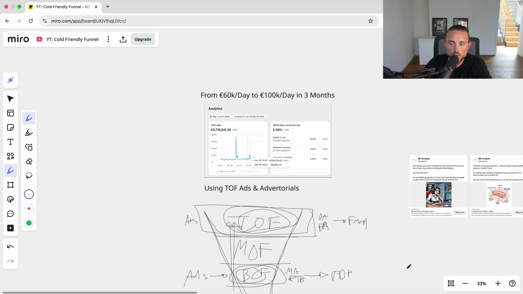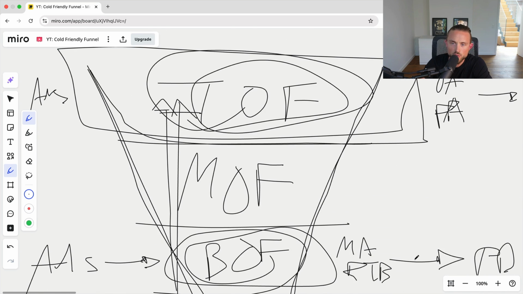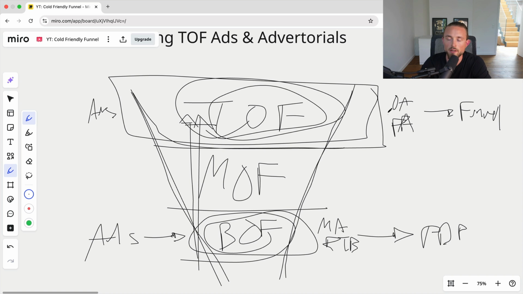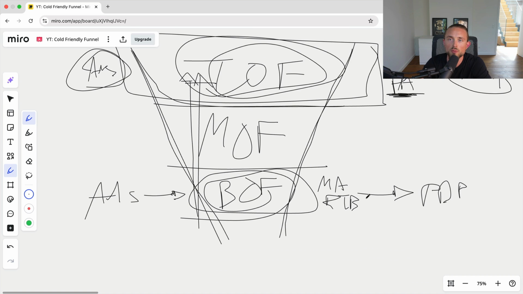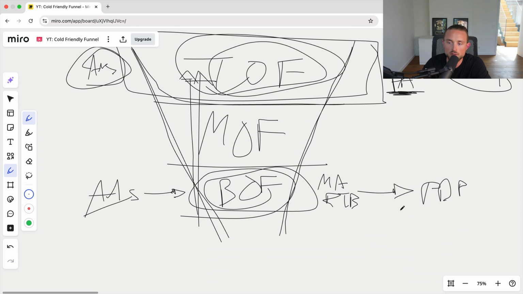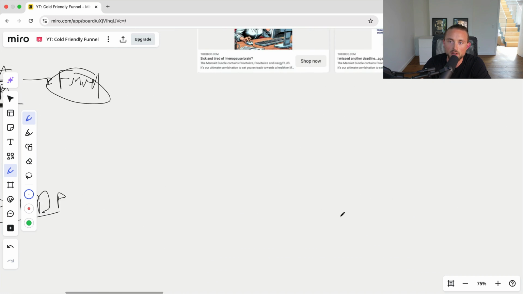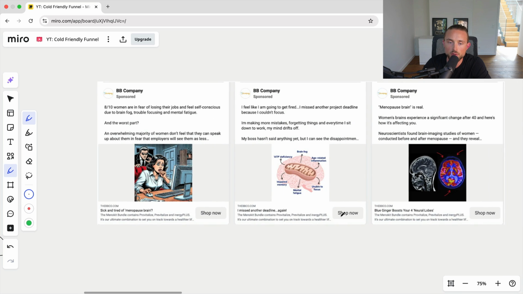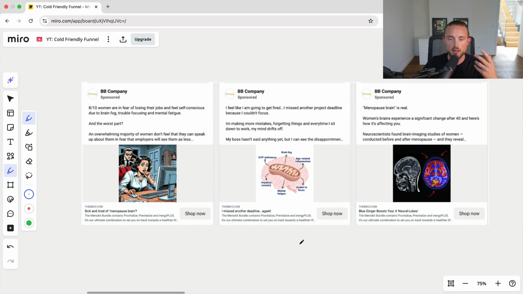The main idea, and that's why I had to explain this concept quickly, is that these people in the top of funnel audience have zero awareness or are just problem aware. That means the ads we push to them, and the funnel we push them through, have to be completely different from just offer ads to a product page. The main idea of what the ads look like is something like this. I've made another video talking specifically about advertorials that I'm going to link down below.